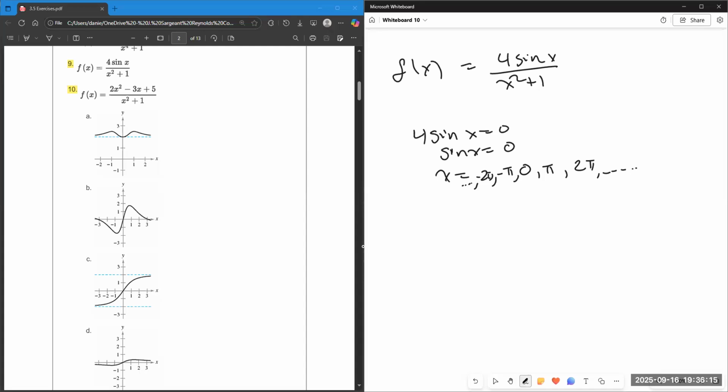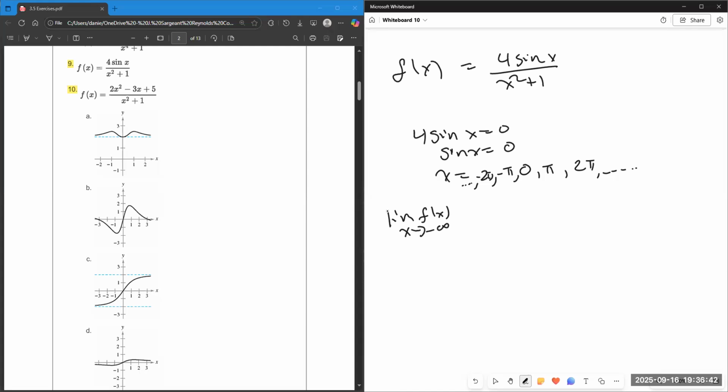If we wanted to prove with limits that this was approaching 0 from above and 0 from below, the limit of f of x as x approaches negative infinity, we're going to have to say that sine is going to stay between -1 and 1.